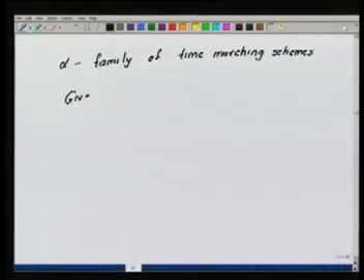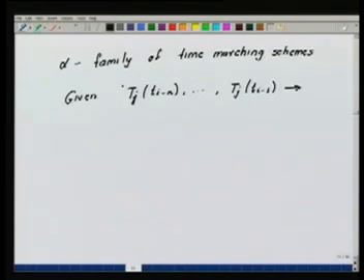So given the values of these Tj's at time stations i minus some small n to i minus 1, I would like to obtain Tj at the station i.